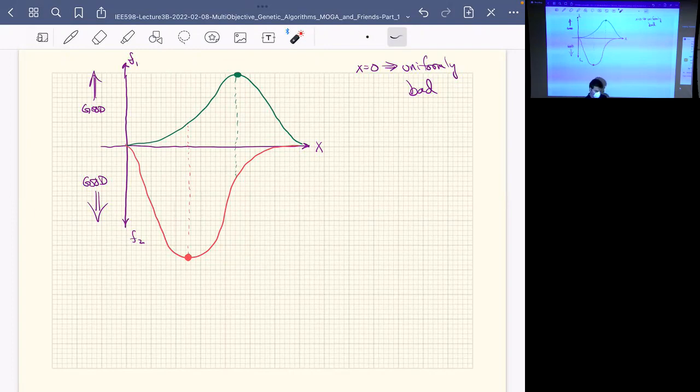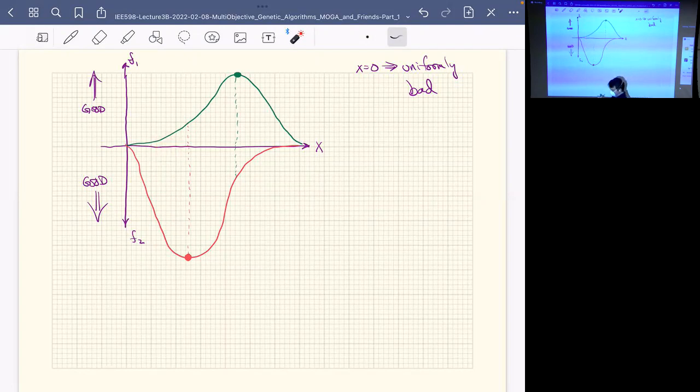If you think about it, if I was sitting here at this optimization or this decision variable value, and I were to go up to this one, if I go to the right, I move in the correct direction. If I go down to this one, if I move to the right, I also move in the correct direction. So if someone were to propose that this was the optimal solution, you could propose a solution a little bit to the right of it and be better in both.